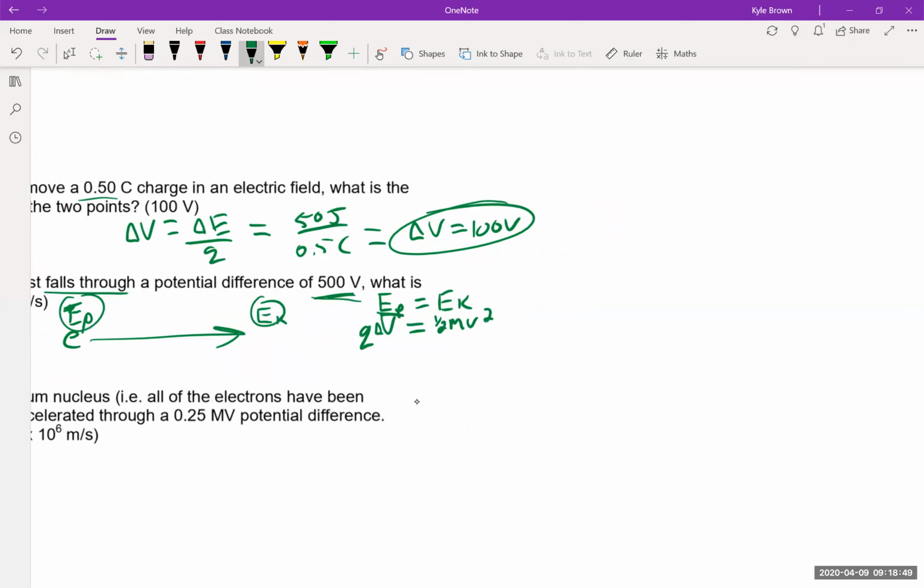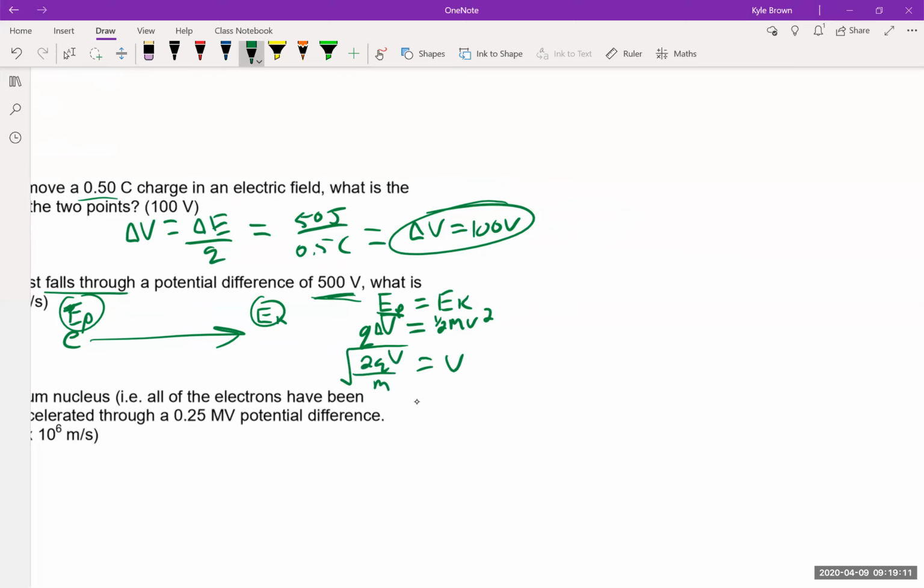That's perfect because they're looking for velocity. Now we just need to solve for v. Just for the sake of time, I think you guys are pretty good at this now. Are you good if I just rearrange this to be 2qV over m, and then take the square root would be my v? Just rearranging everything there.